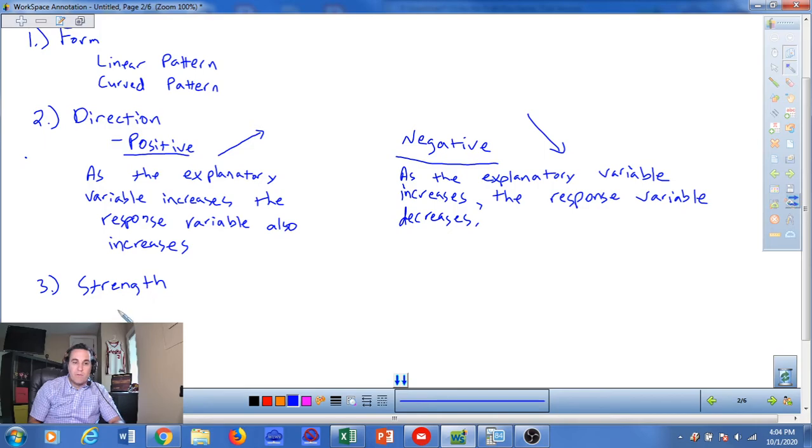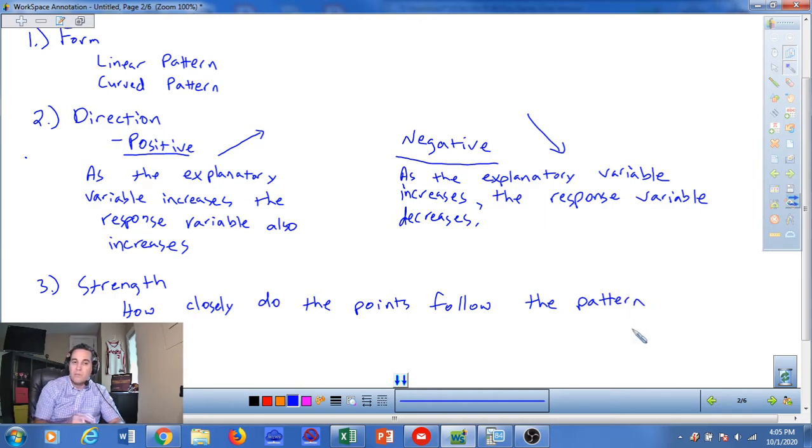So strength refers to how closely do the points follow the pattern. That is a reference to strength. How closely do the points follow a pattern? Okay. Are they all really close to that pattern or are they pretty spread out?